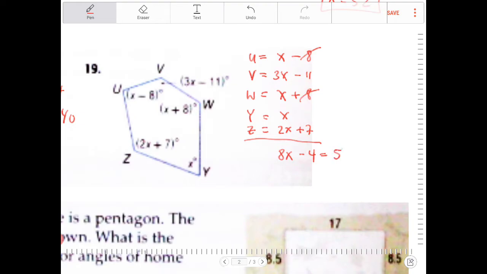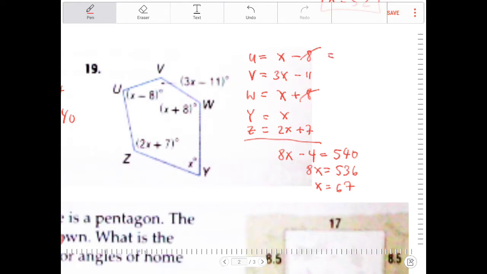That is equal to 540. Minus 4 from both sides, I end up with 8x equal to 536. Divide by 8, that is 67. 6 times 8 is 48, so that's 56 and 67. x is equal to 67.